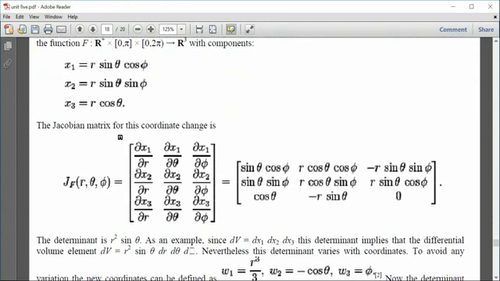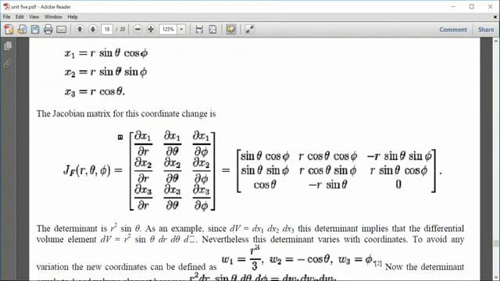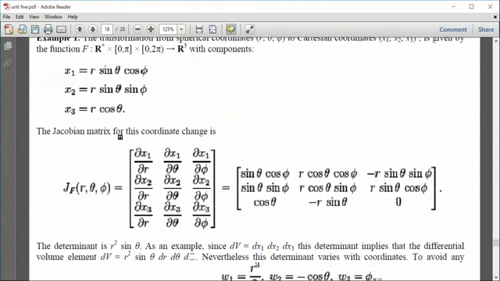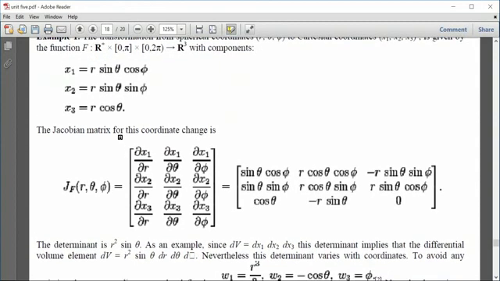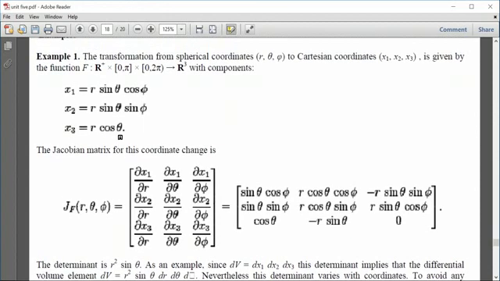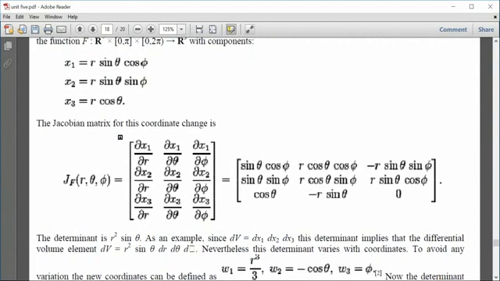When finding the Jacobian matrix, we have to look for the partial derivatives of our x1, x2, x3 in terms of r, theta, and phi. So here they are showing the Jacobian matrix.